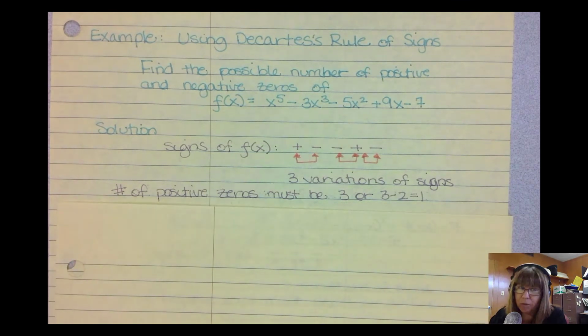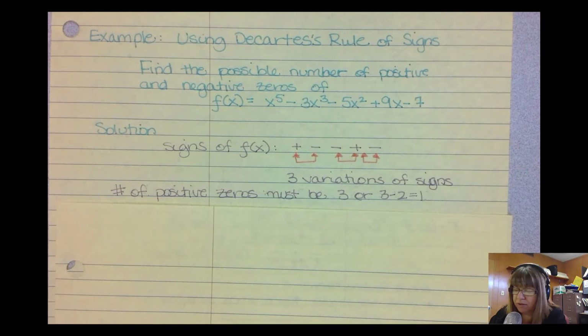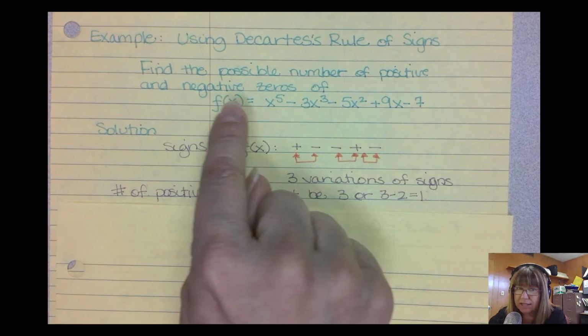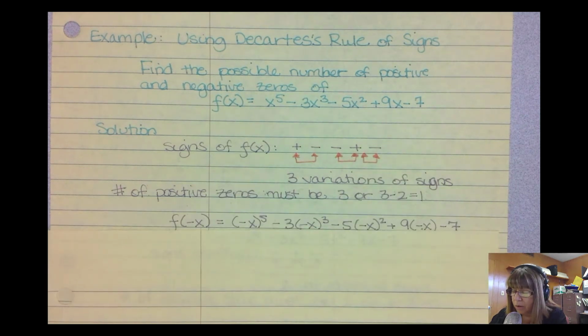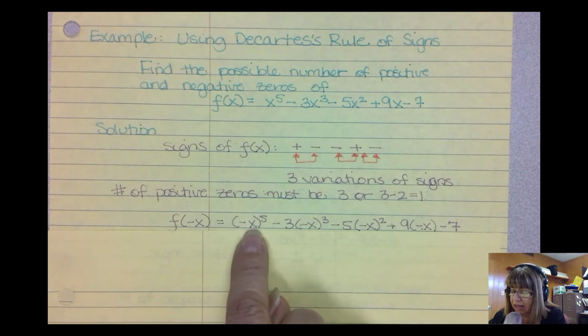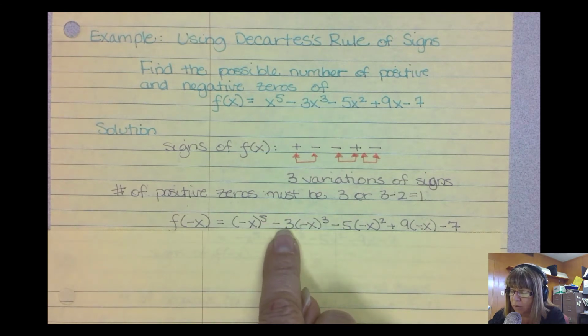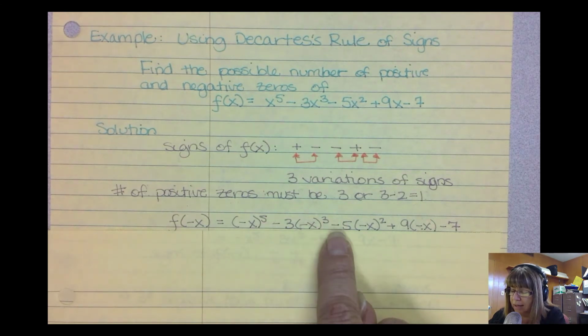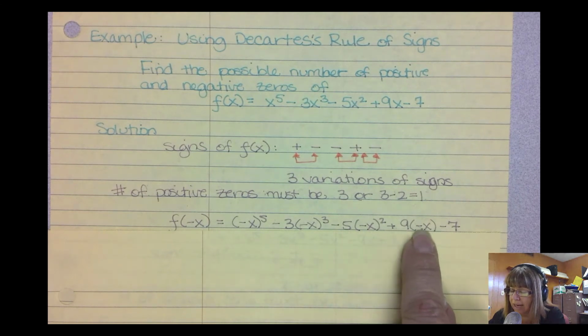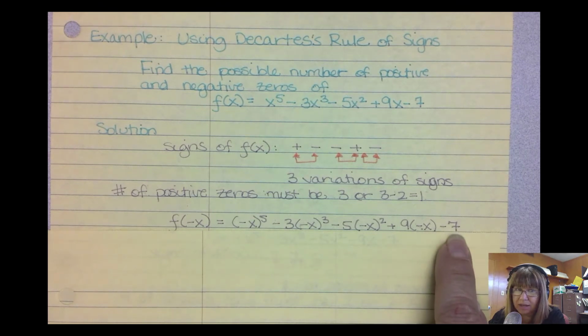But we're not done yet. We want to see the number of negative zeros. That means we need to place a negative x into our function and see what happens. So when we place the negative x into our function, we get negative x to the 5th minus 3 negative x cubed minus 5 negative x squared plus 9 negative x minus 7.